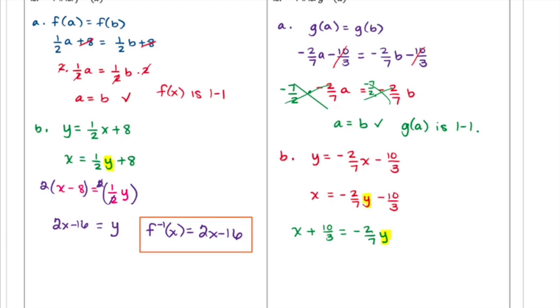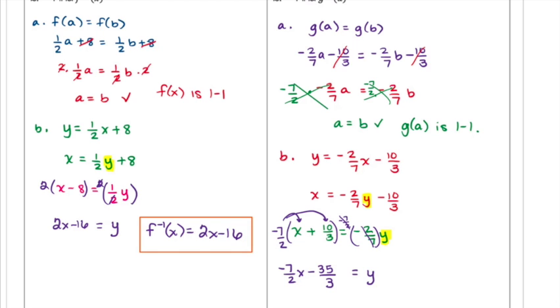I'm going to multiply by that reciprocal. All right, so I do that. I distribute that fraction to everything inside my parentheses, and I end up at this new updated function.